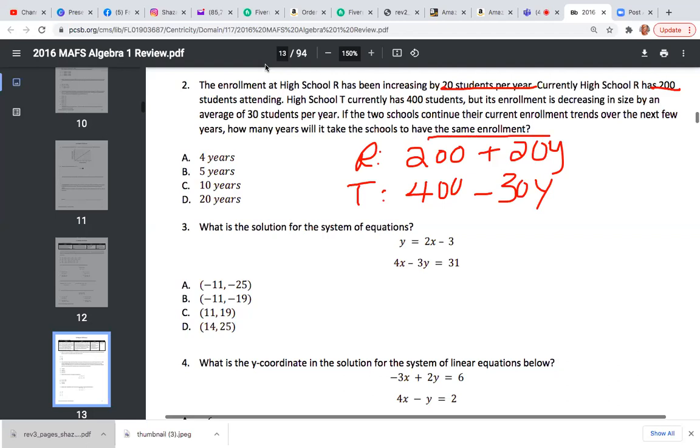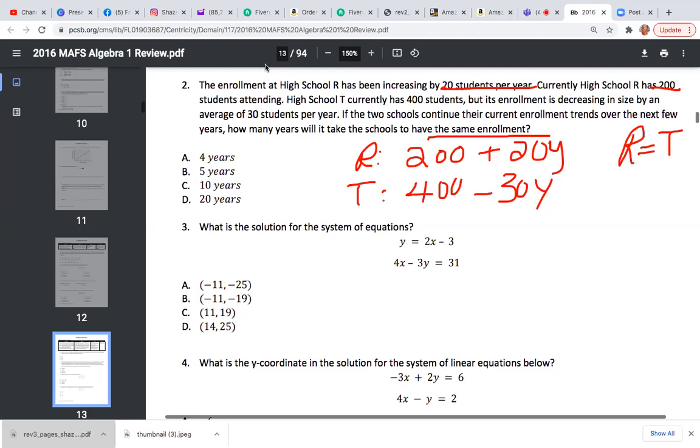Now, let's rephrase this so that it makes sense to you, so that you are able to come up with an equation to solve this problem, okay guys? Now, do you need to come up with an equation? No. All they're asking you guys is, when will the enrollment at R be the same thing at T? When will the number of students in R be equal to the number of students in T?